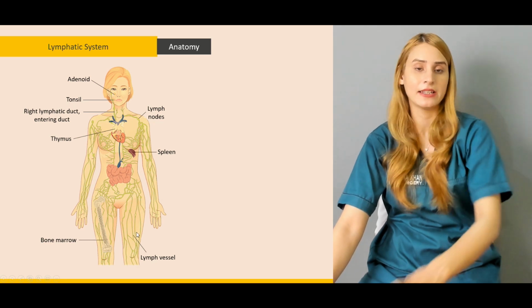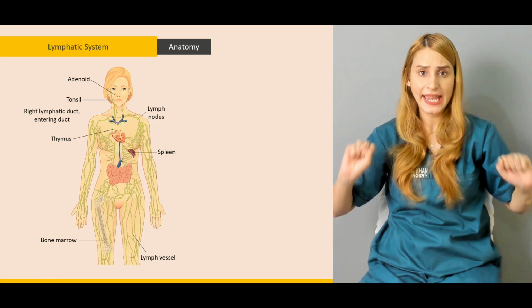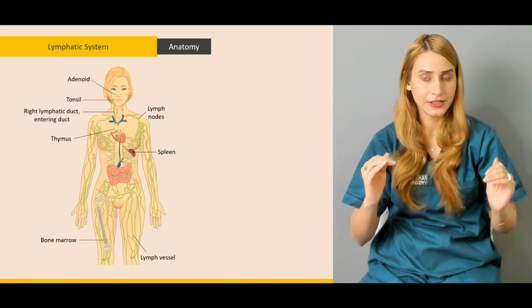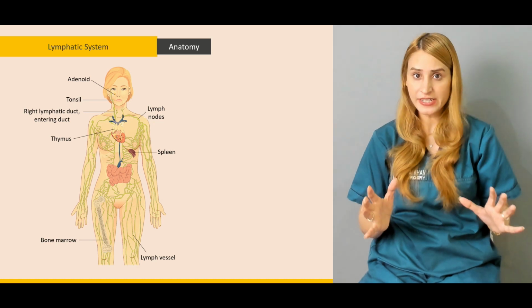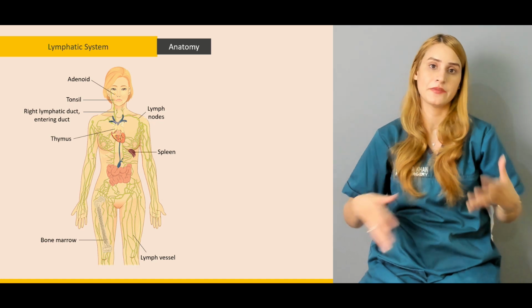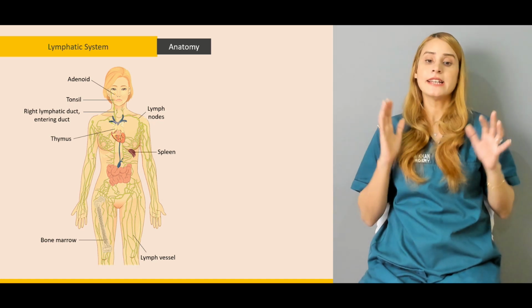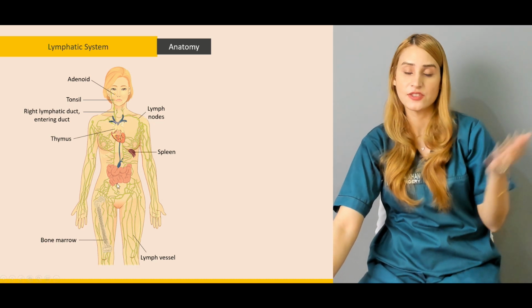The veins and the arteries have a kind of bi-directional flow, but the lymphatic channels have a unidirectional flow, with the lymph flowing from downward to upward. So the lymph travels along this, draining.